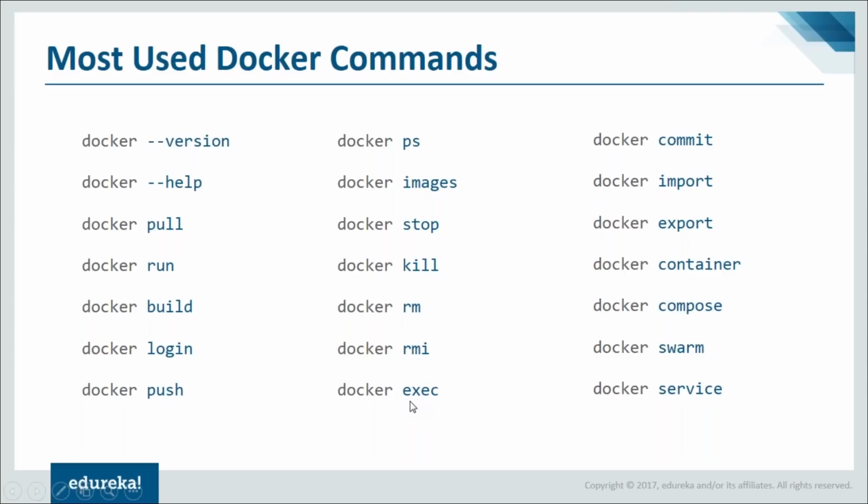We have Docker exec, and this is used to access the bash of any active container. And then we have Docker commit, Docker import, Docker export, Docker container, Docker compose, Docker swarm, and Docker service. So these are the 20 plus Docker commands which are most commonly used. Now, without wasting much time, let me get started and discuss each of these commands.